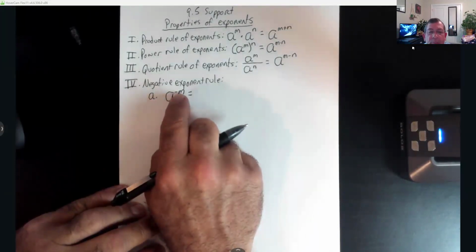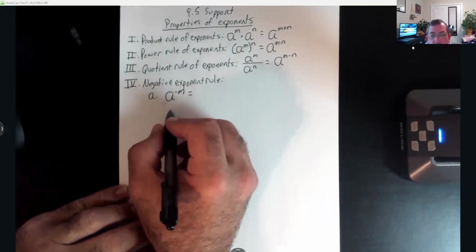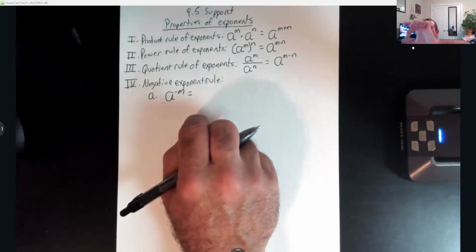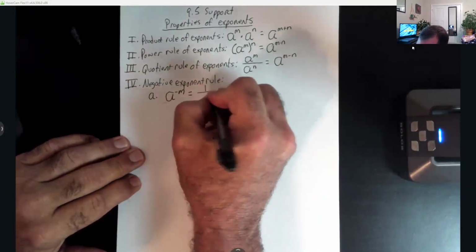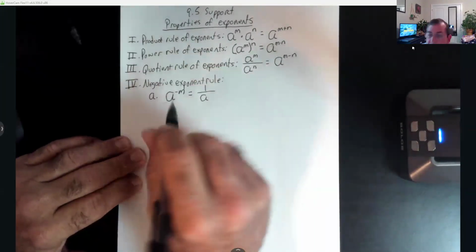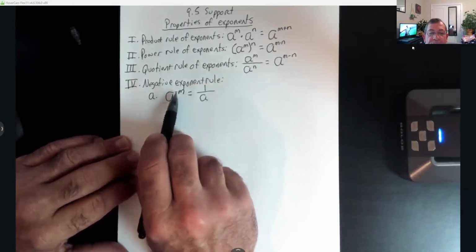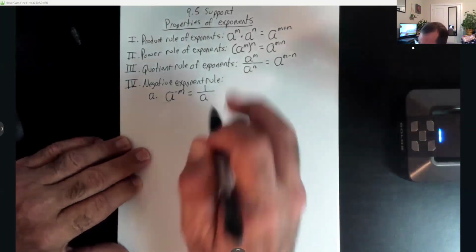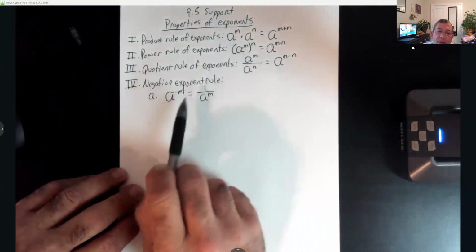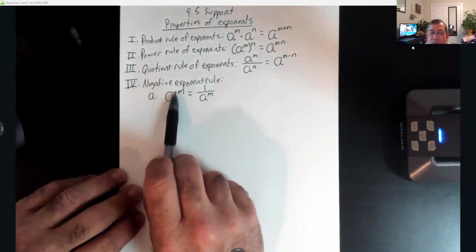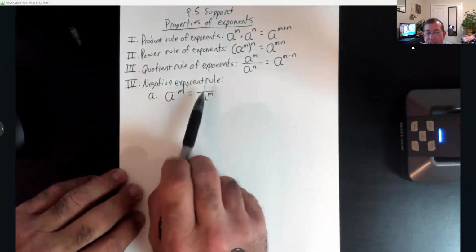So basically, to make an exponent positive, you would treat the a like it's got a 1 under it, and you would flip it. So basically, you get a 1 over a to the m. Now, when we move this a down to the bottom, it changes the sign of the exponent from negative to positive. So that's what I was talking about. When you got negative exponents after a number, it basically is a fraction in disguise.